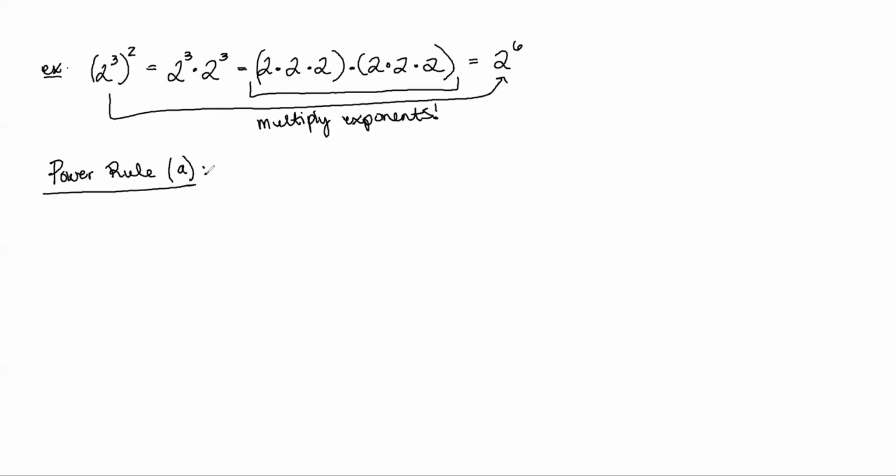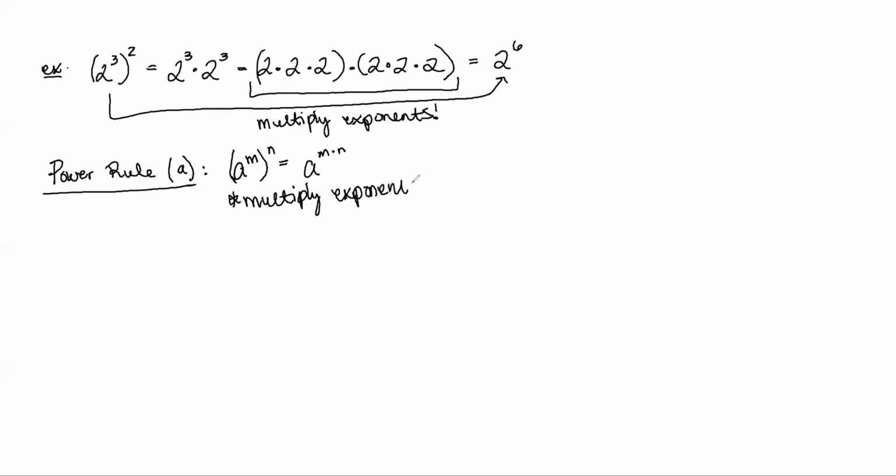So this first power rule here, we're going to have some term a to the m, raise that to the n power. And so we take our exponents here and we multiply, so a to the m times n. So we multiply the exponents.